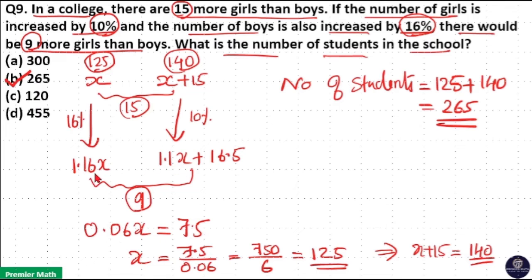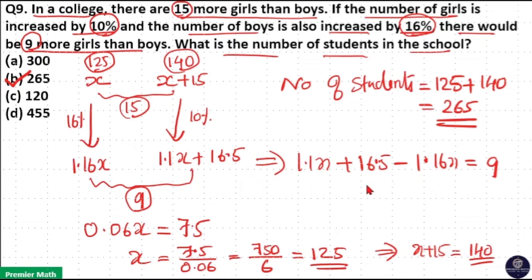If you have difficulties in taking the difference, just write it like this. That is 1.1x plus 16.5 minus 1.16x is equal to the difference 9.